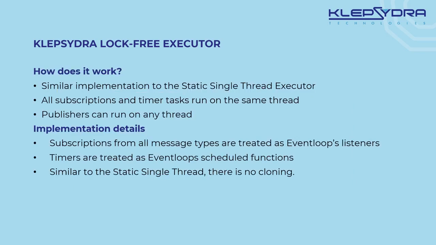Execution management in functionality is similar to that of ROS2 static single-threaded executors, where all subscriptions are run on the same thread. Implementation, however, is different. Klepsydra uses subscriptions as listeners, and timers are scheduled functions, all of which run on the same thread. Since the timers and subscriptions are single-threaded, there's no need to clone or to lock.